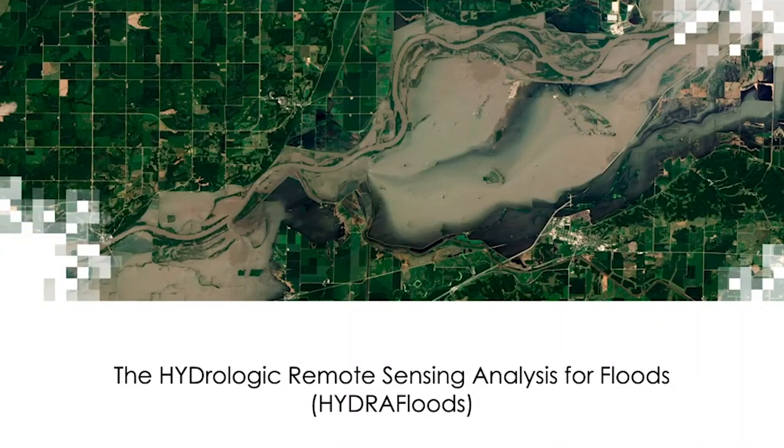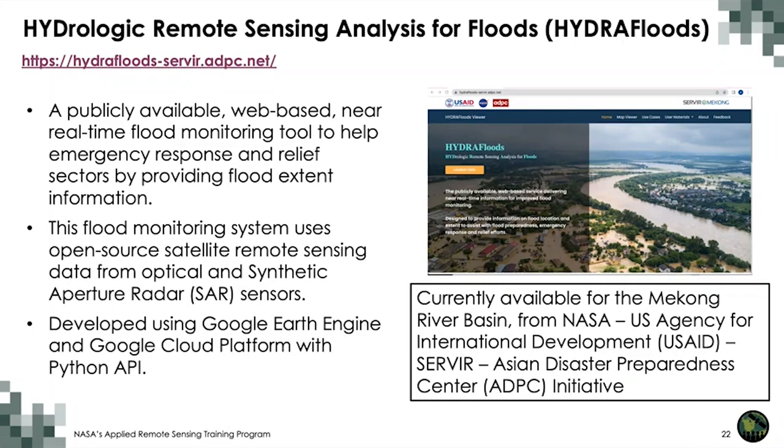HydroFloods is developed by SERVIR, that is the NASA and USAID SERVIR program, in collaboration with ADPC, which is the Asian Disaster Preparedness Center. So HydroFloods is a publicly available web-based near real-time flood monitoring tool, and it is developed specifically for emergency response and relief sectors.